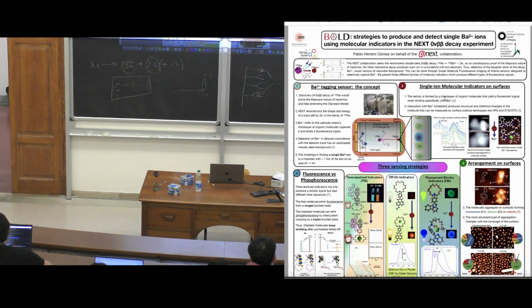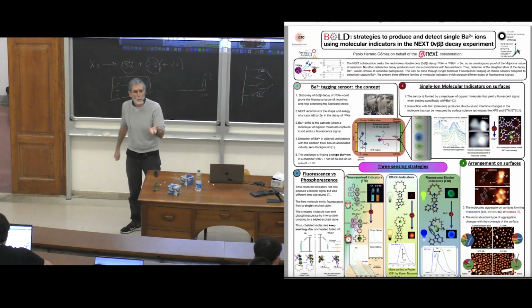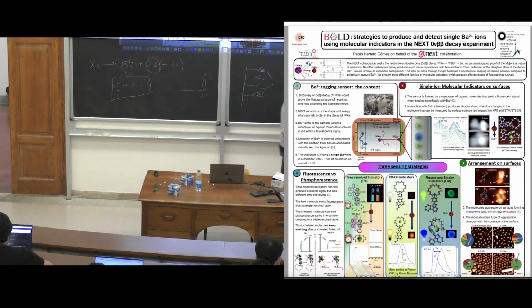But typically, the molecule will give you some red signal when you excite it with blue. Now, when the molecule grabs the barium ion, it changes its properties, and the result is that it shifts towards the blue. So now you have two colors, free and chelated.